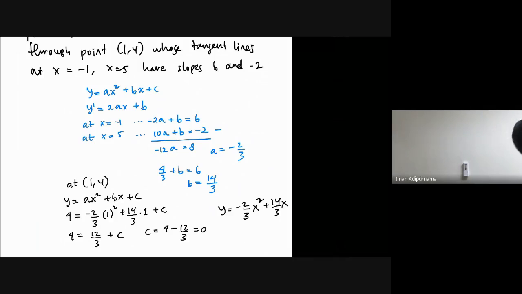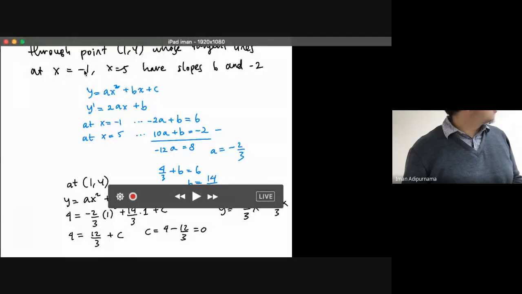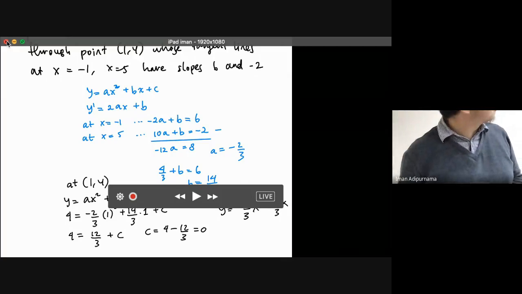How steep the gradient. Let me restart this program.